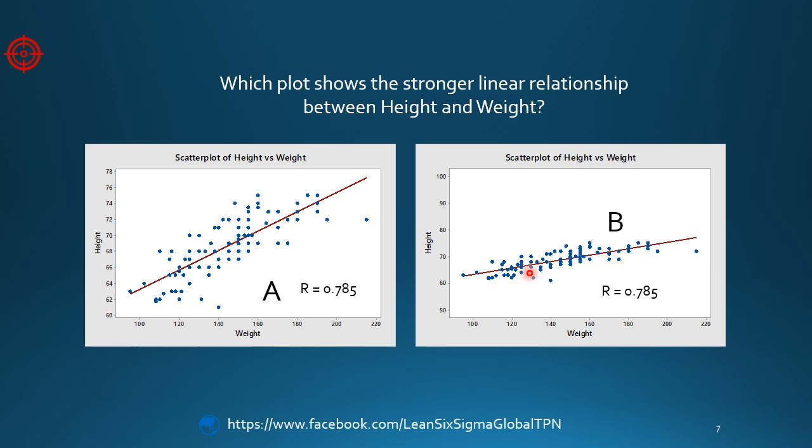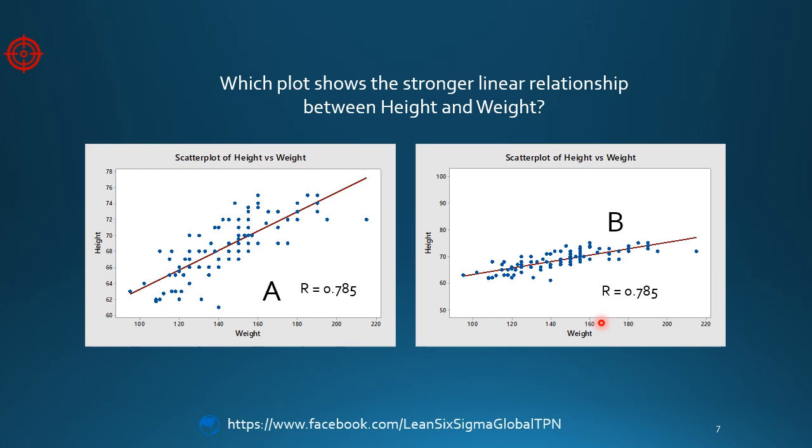So how can that be? Look more closely at the scale on the vertical axis. The values range from 60 to 78 on this graph, but range from 50 to 100 on this plot. In fact, both graphs plot the same data.